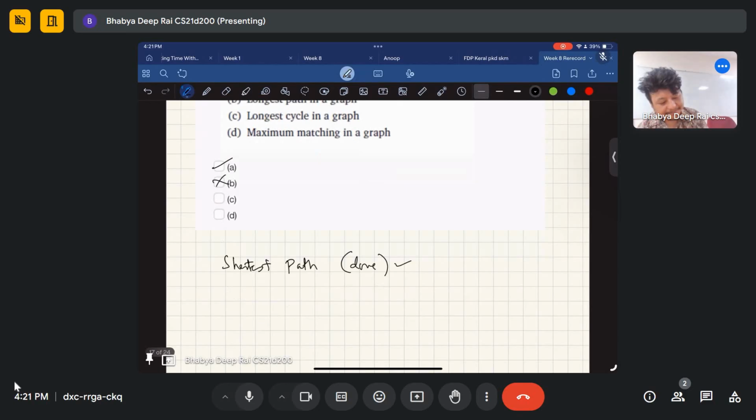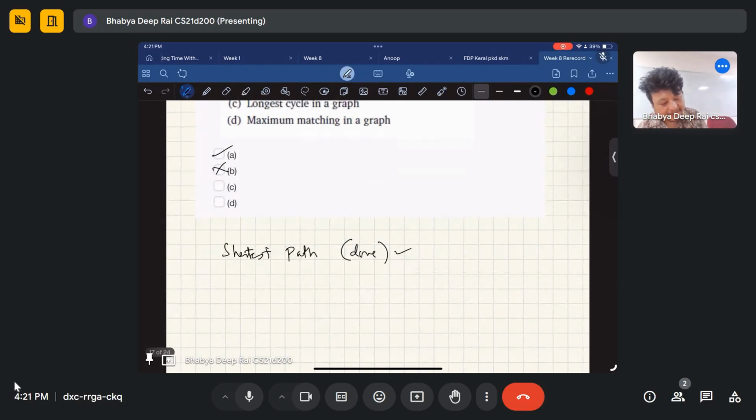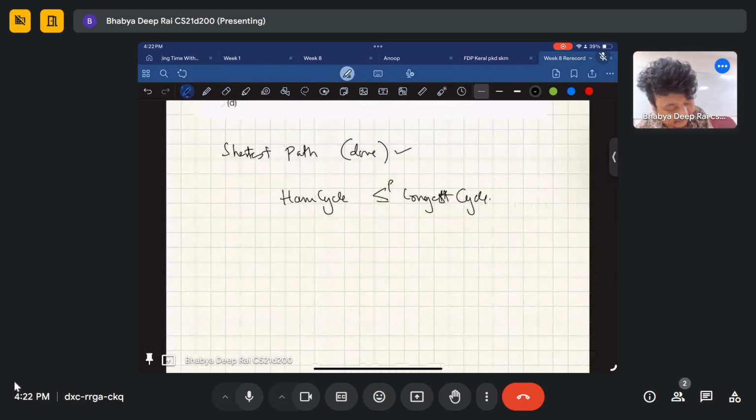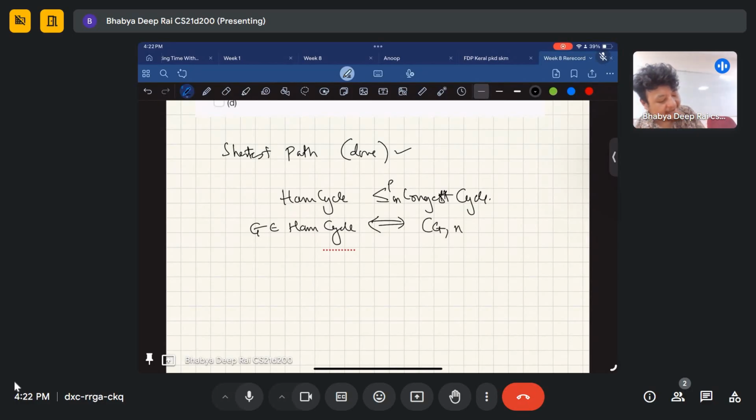But here's one way: you can reduce the Hamiltonian cycle problem to the longest cycle problem, because whether a graph has a Hamiltonian cycle or not is the same as saying whether the graph has a cycle of length at least n or not.